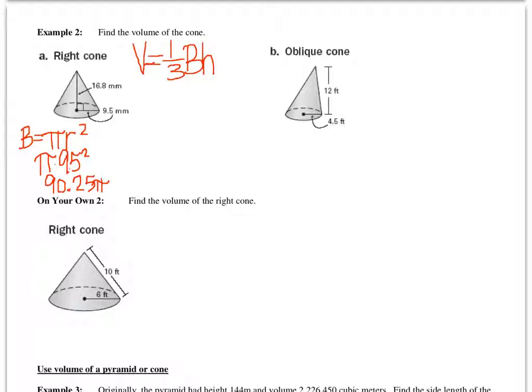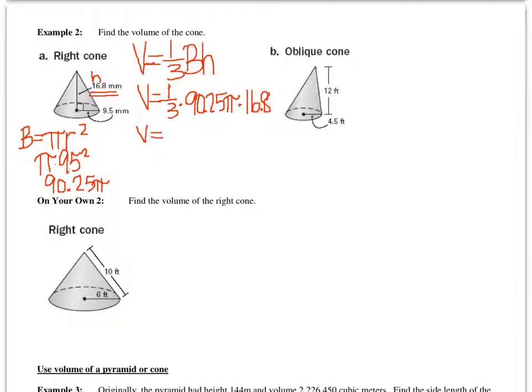I'll plug it in. I'm given my height right here. So volume equals 1/3 times 90 25/100 pi times my height, which is 16.8. So if you multiply that all together and simplify, if you leave the pi out first, we'll get our exact value.